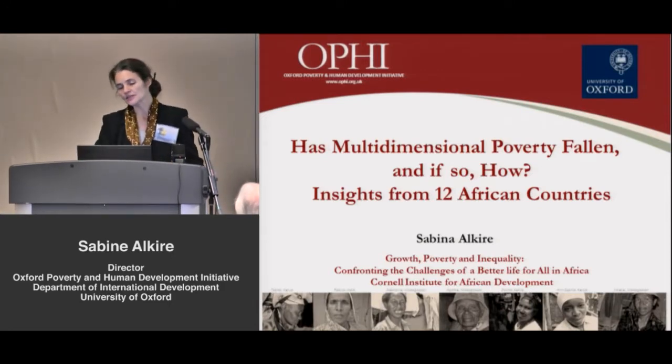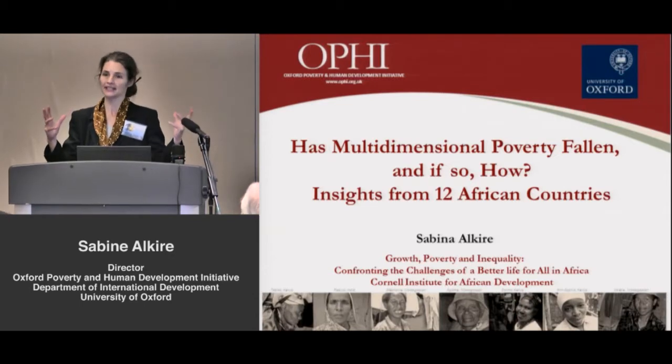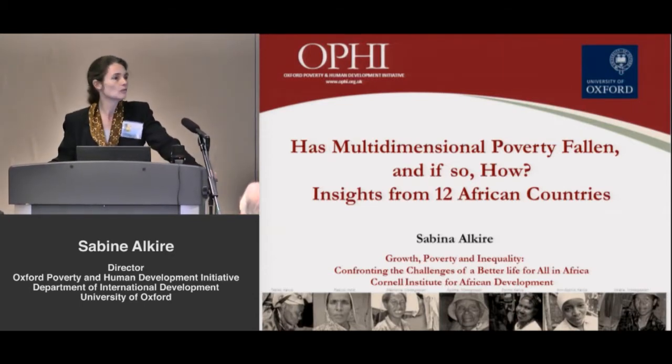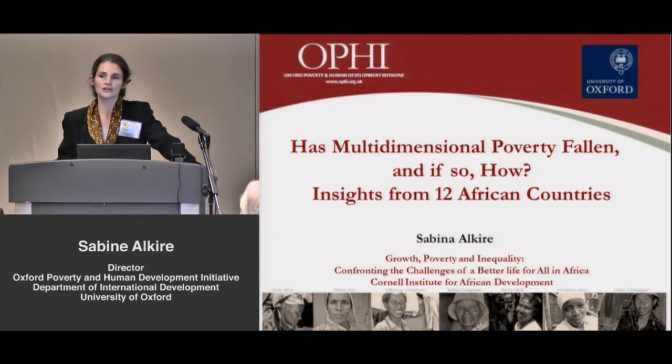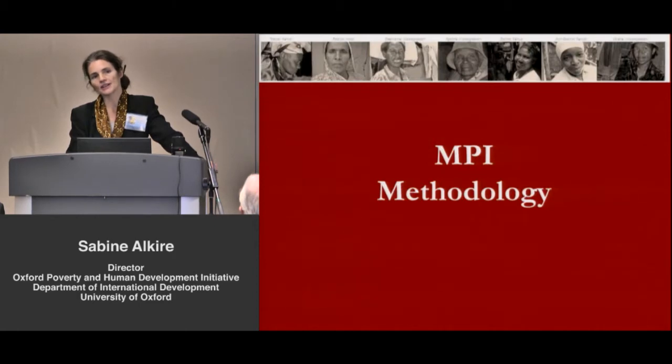So what I'd like to do, building on what James has said, is give you one case study from the Global Multidimensional Poverty Index for some countries in Africa. Not because the global MPI is the right measure for many countries, not because it's the best possible measure.